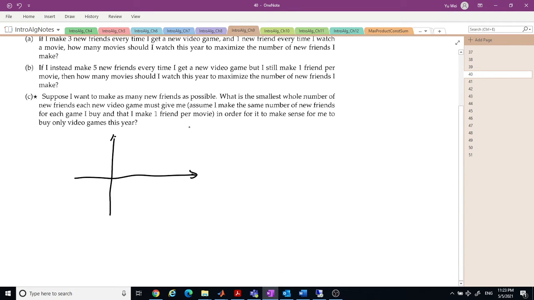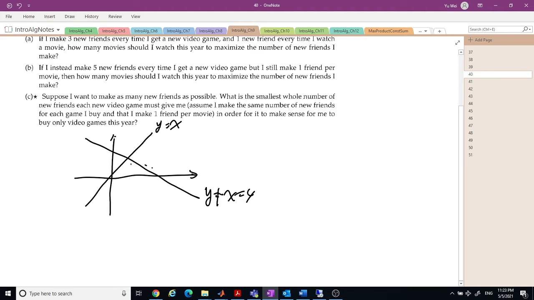For example, if we say we are bounded by some lines, for example, this is y equals x, and we have another line like this. For example, this is y plus x equals 4.